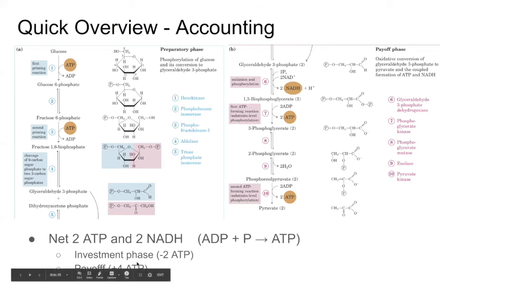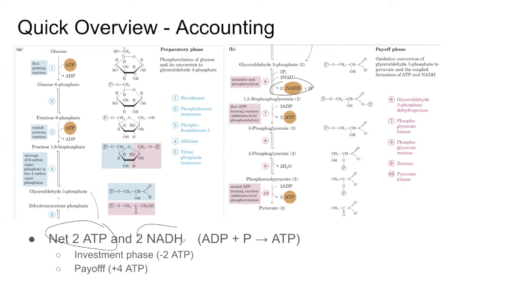And so as a result, the amount of ATP we get at the end is 4 ATP. And so if you invested 2 ATP and then you harvested 4 ATP, your net ATP is 2. And then you also harvest 2 NADHs. And you guys already know the NADH will also be a source of energy.